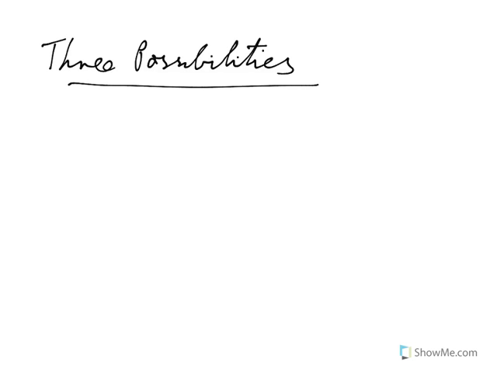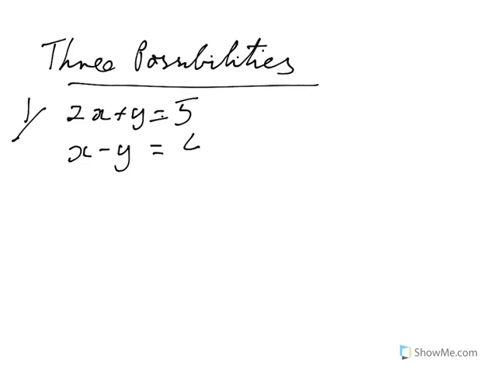So, the first possibility, say things like this: 2x plus y equals 5, and x minus y equals 4. Now, if you solve them, you get a unique solution.